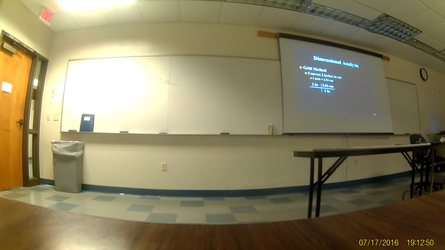I multiplied 2 by 1 and divided it. 2 divided by 2.54 is not 5.08. If you can figure out how to make your method work, that's fine. But I would really try to use this way.